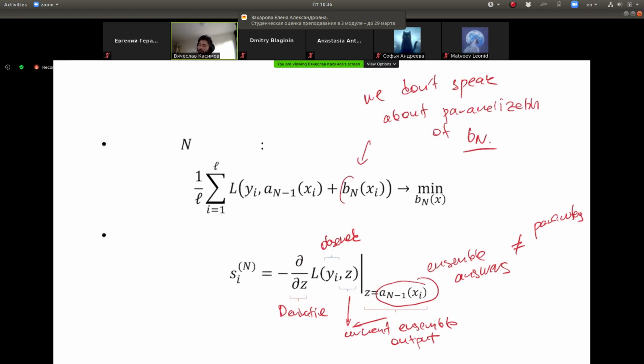Whatever B is, I am only curious about what output it will produce if I put some object xi on it. And only these outputs will influence my residual. So I would like to learn to match them. No parameters are involved in learning.